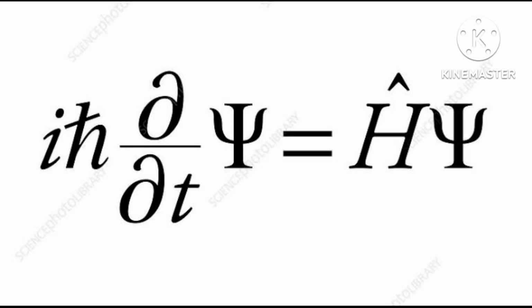After solving the complicated equation, you will get all the information about the electron: where it is, how far it is from the nucleus, what energy it has, what the r value, meaning radius, is. Who will tell? Psi will tell.